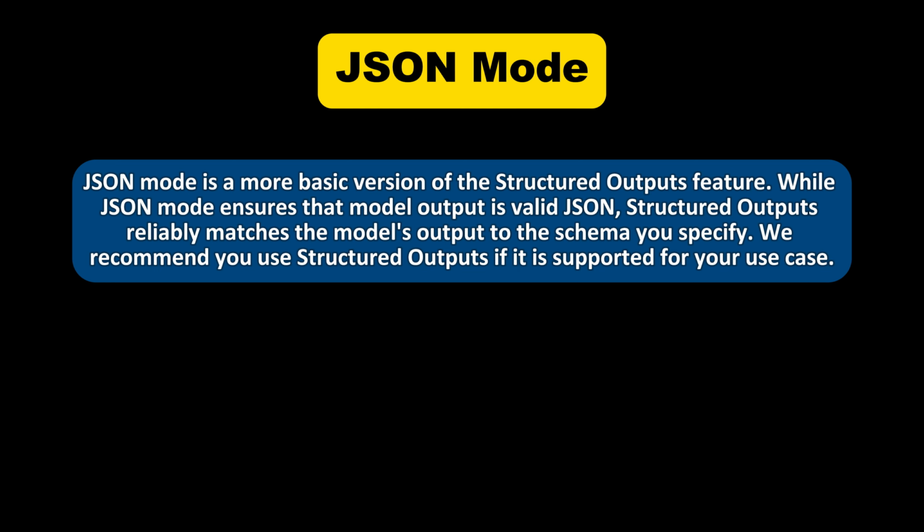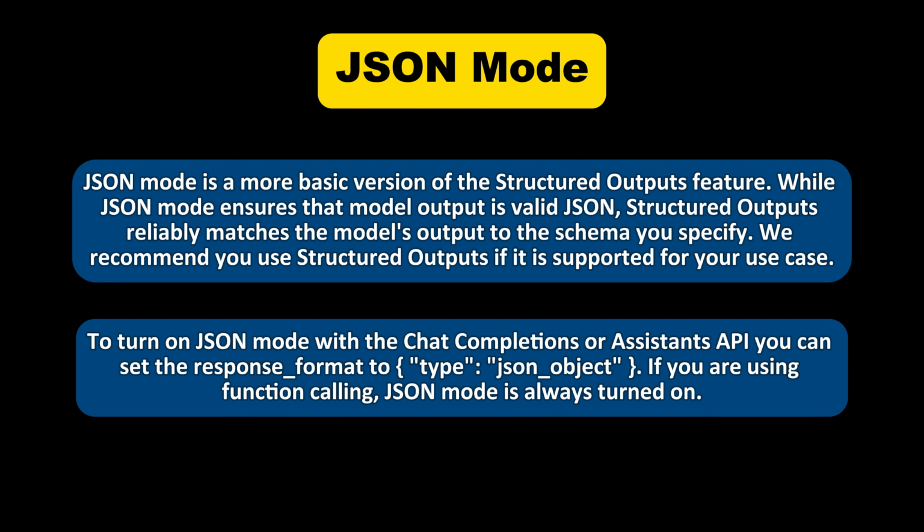When you turn it on, the model's responses are formatted as JSON, but it doesn't guarantee the output will match a specific schema. To enable JSON mode, simply set the response format to type JSON object in your API calls. If you're using function calling, JSON mode is automatically turned on. A key thing to remember, always instruct the model to generate JSON explicitly, or you might run into issues like endless white space or reaching the token limit.